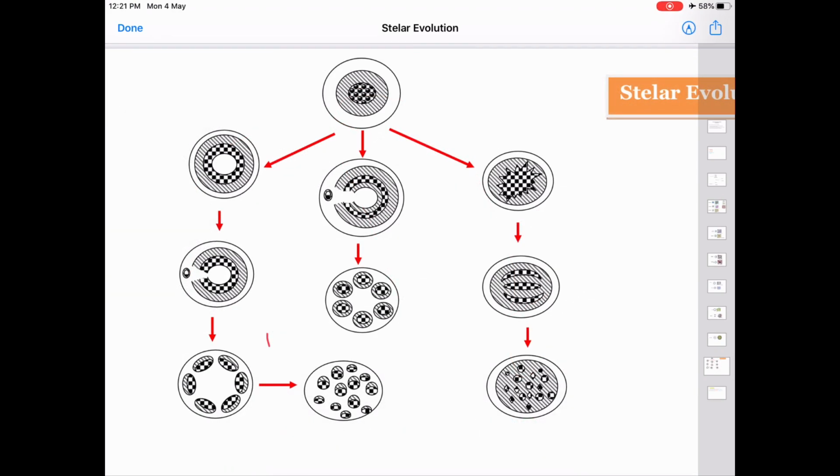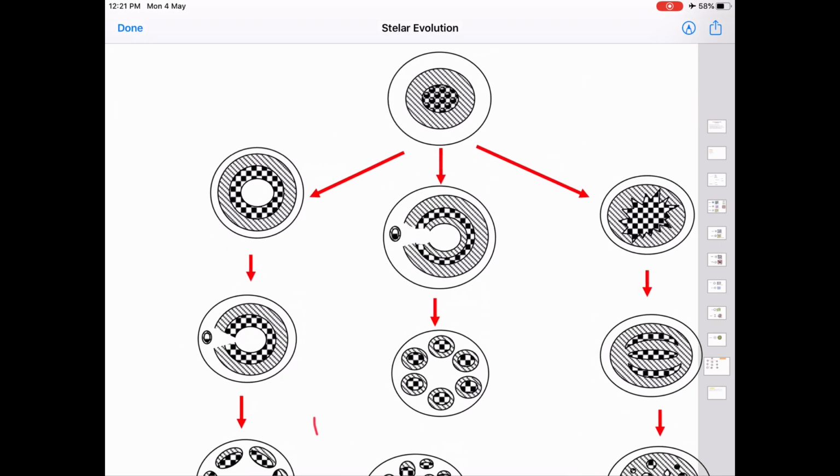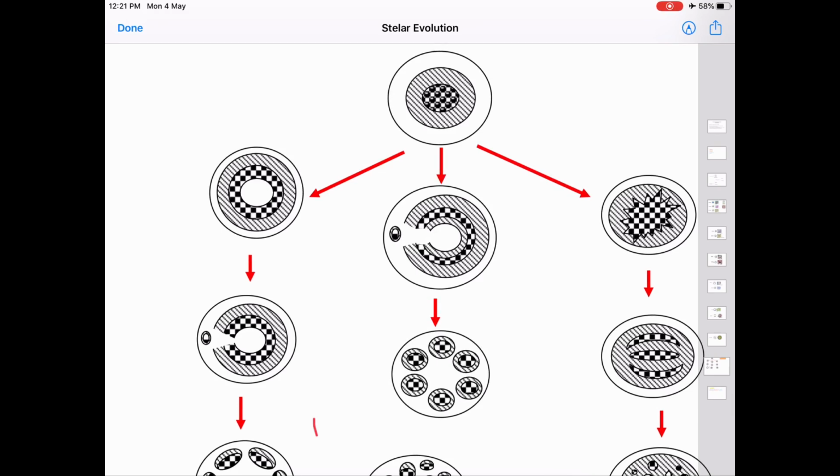Now, the origin of pith in the protostele is another very significant evolutionary change that is explained by modification theory and invasion theory. As a result of the appearance of pith, the protostele becomes siphonostele.